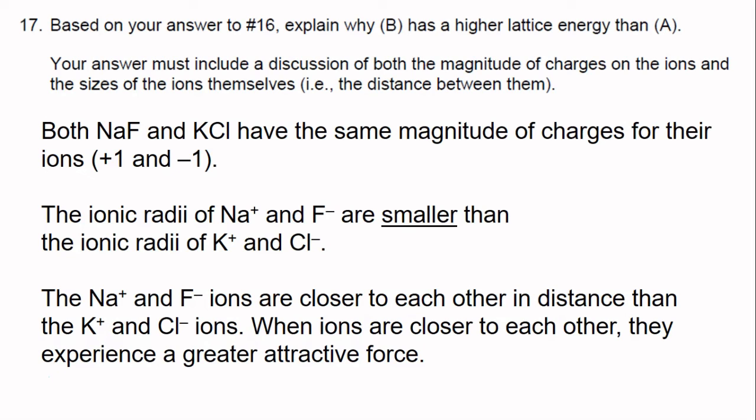But the ionic radii, the sizes of the ions, would be smaller for sodium fluoride than it is for potassium chloride. And since the sodium and fluoride ions are smaller, they are closer to each other in distance than potassium chloride. And when the ions are closer to each other, they experience a greater attractive force. So to summarize, same charge, smaller distance.